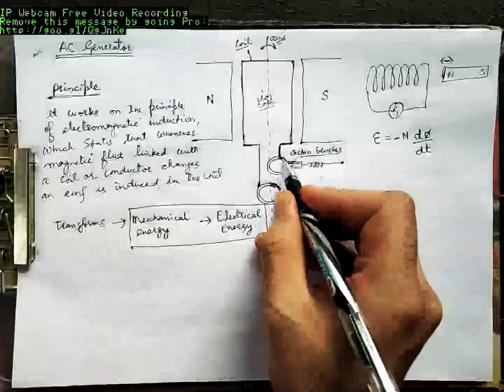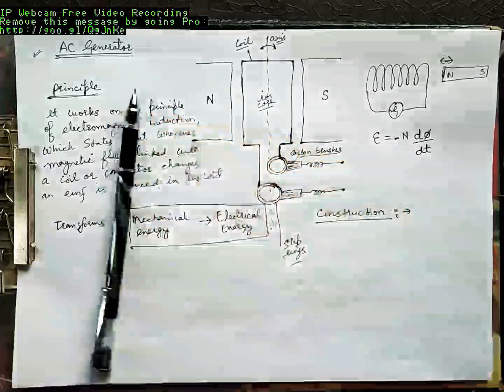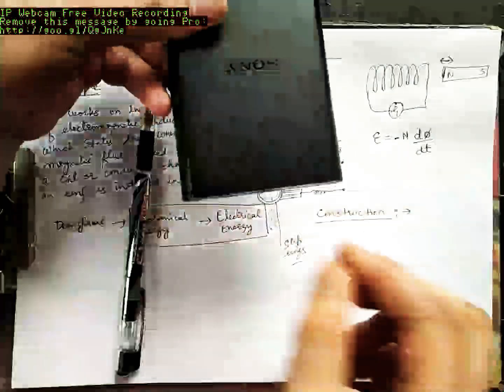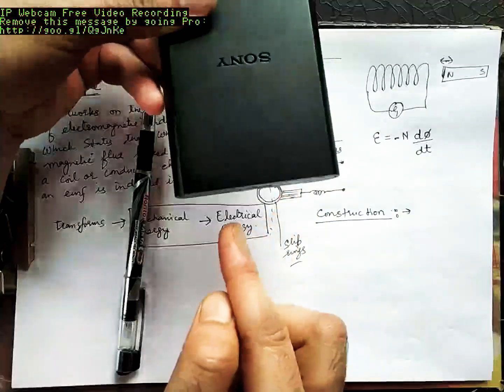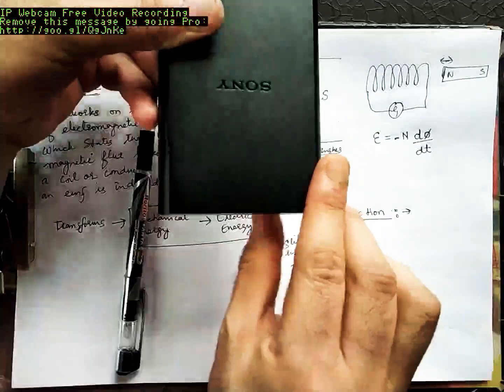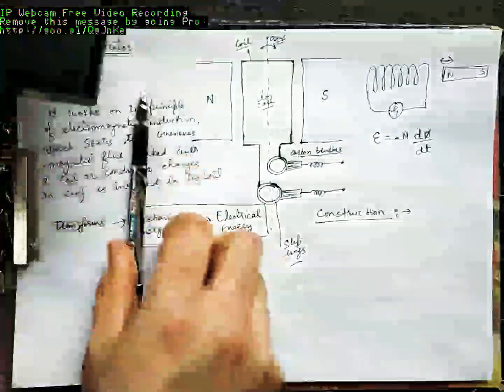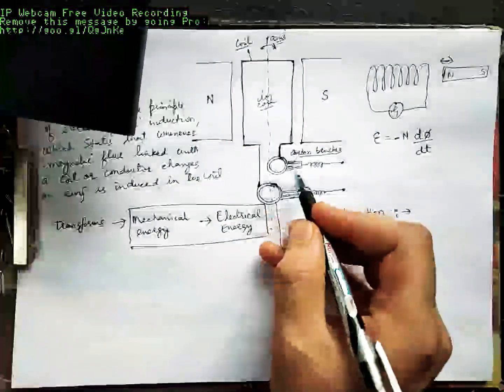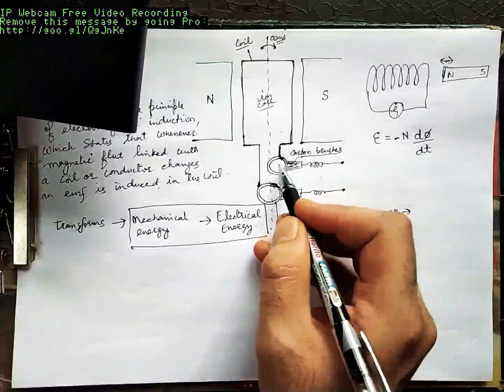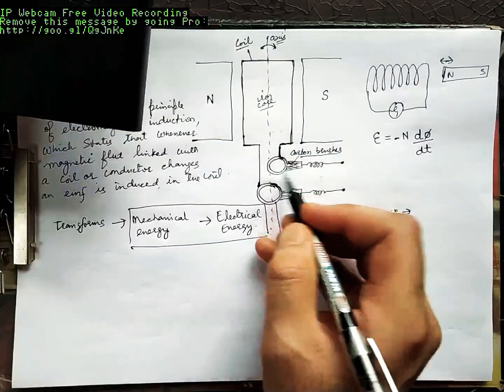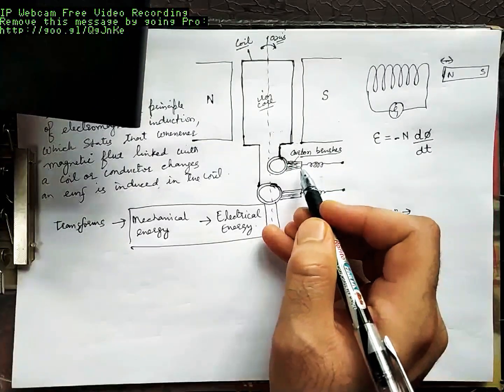Since this slip ring is rotating with the coil, to this coil here and here, we connect two slip rings, one slip ring here, one slip ring here, and these slip rings are rotating with the coil. But on those slip rings, we attach fixed carbon brushes. These carbon brushes do not rotate with these slip rings. They are stationary on the machine.